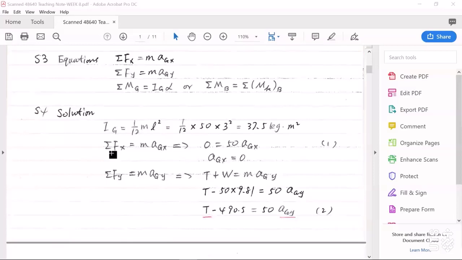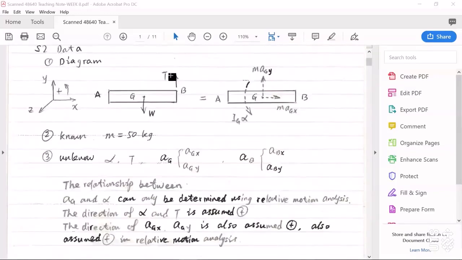Along x direction, external force 0. So this means we can easily determine AGX must be 0. Along y direction, we have 2 external forces. One is tension force T, and another one is weight force W. Tension force T, we don't know, and it's upward.